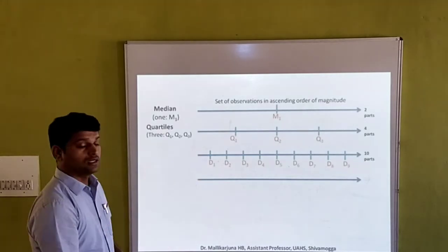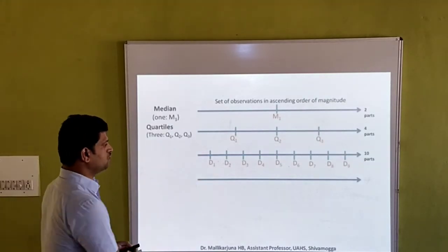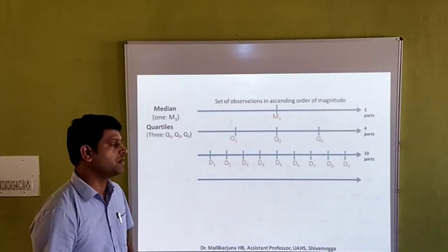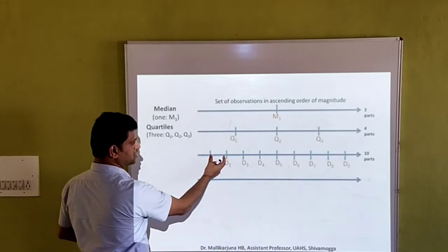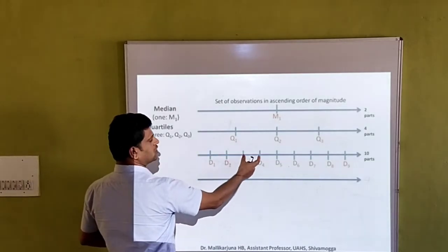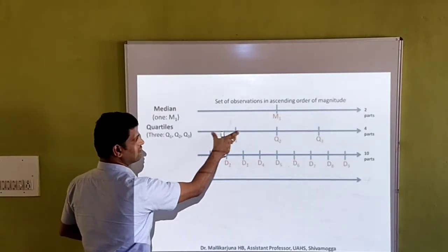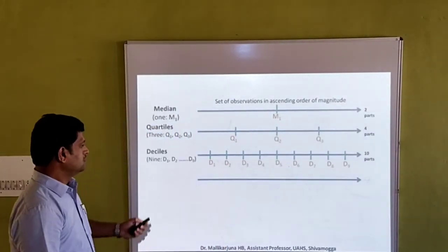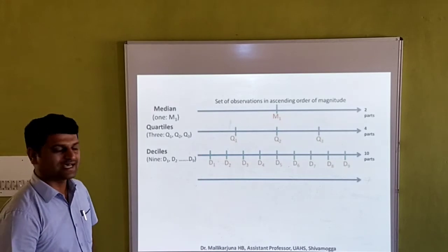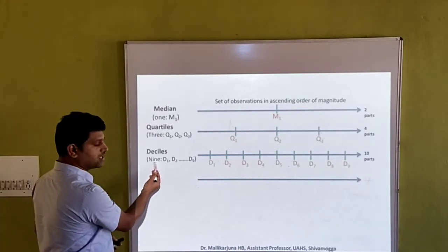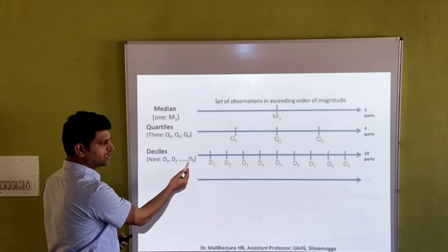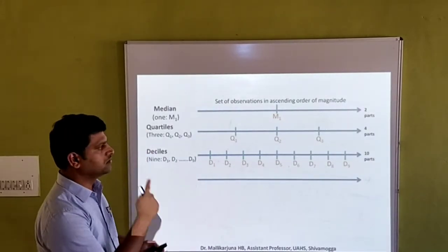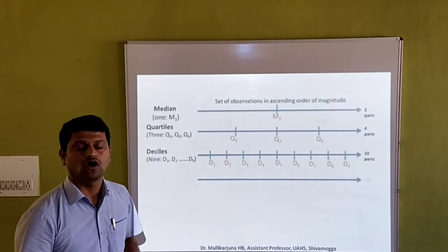These 9 values divide the whole series into 10 equal parts, and all the portions are equal. These are known as deciles. Deciles are 9 in number, D1, D2 up to D9, which divide the whole series into 10 equal parts when the observations are arranged in the order of magnitude.